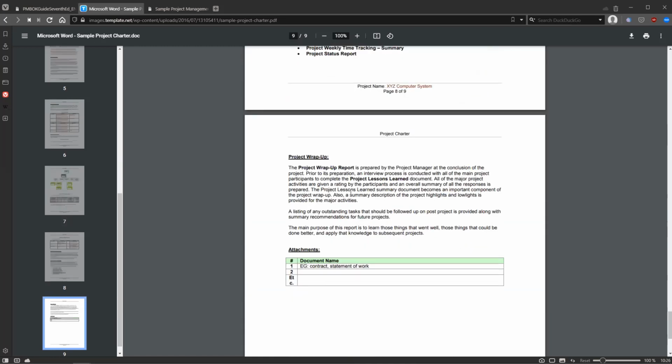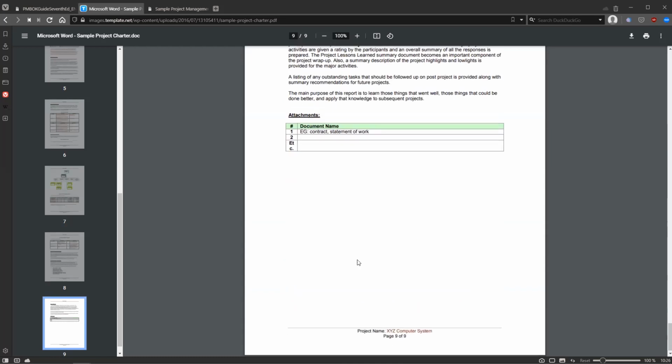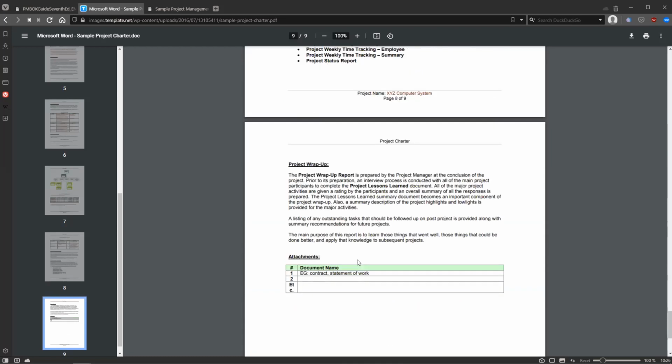And details on what it would mean for the project to be over, to reach its goals, and how to complete the project closure. So here, basically, is what is expected, at least early on, to be done when the project is being completed. And any attachments also go inside the project charter.